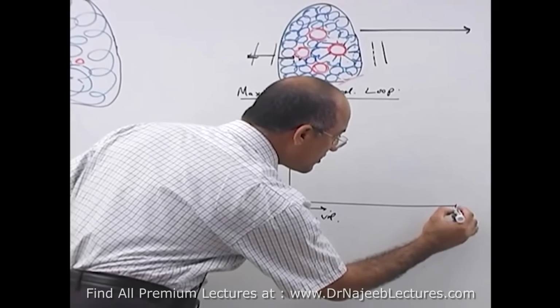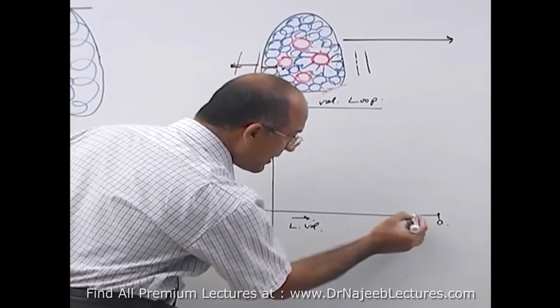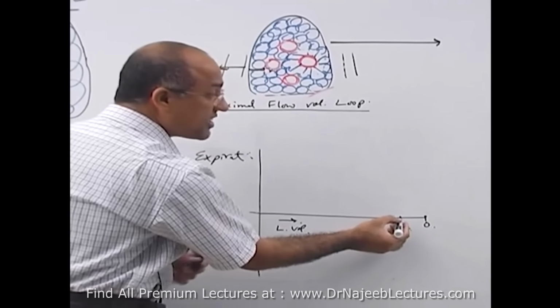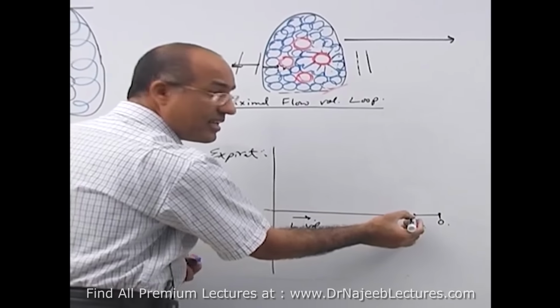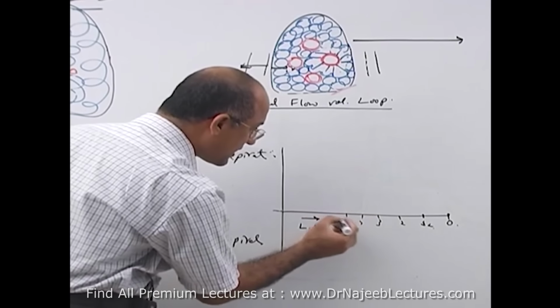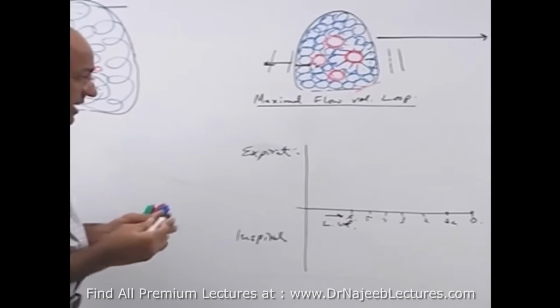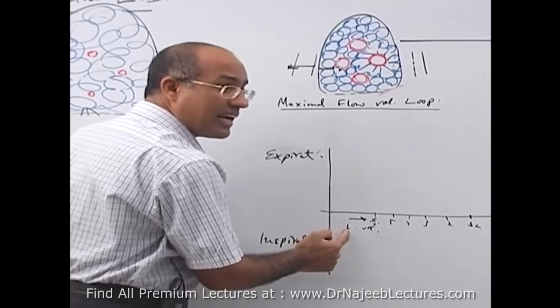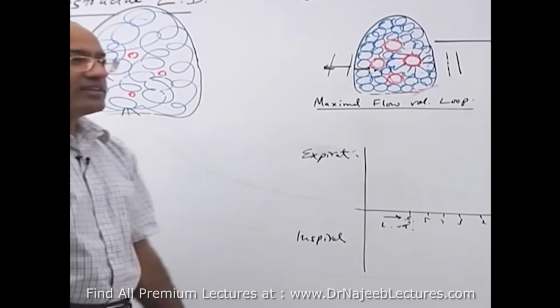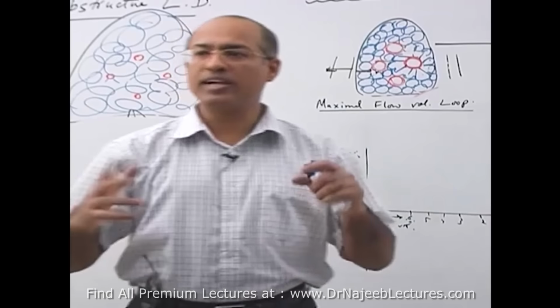Let's suppose this is 0 volume. Here it is 1 liter. So it may be residual volume, is that right? And then of course 2 liters, 3 liters, 4 liters, 5 liters, 6 liters, okay. Now here we are putting the volume, here we will put the flow.